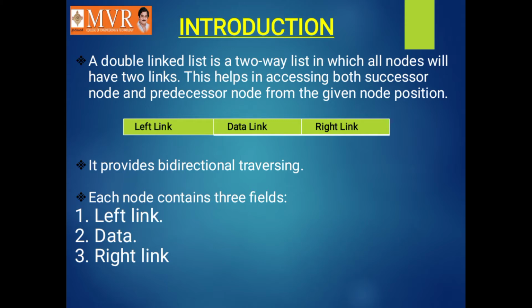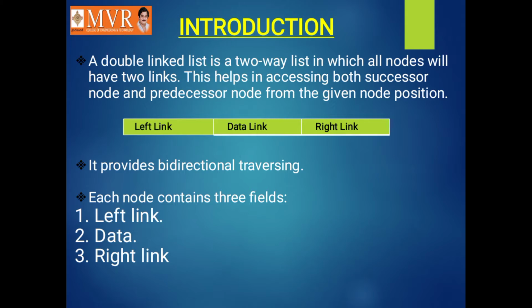That is, start from the last node, then go to the previous node, that is n-1, then n-2 and so on. By using the right link we move from front to back, and by using the left link we traverse from back to front.